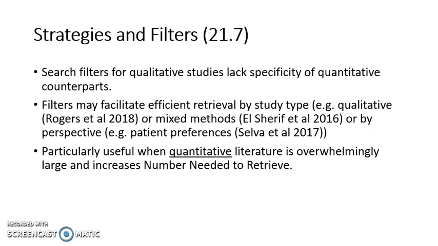So, for example, SIGN has a filter in relation to patient preferences. And these filters are particularly useful when the quantitative literature is overwhelmingly large, and so one would be required to read a large number of quantitative articles in order to find included qualitative studies.